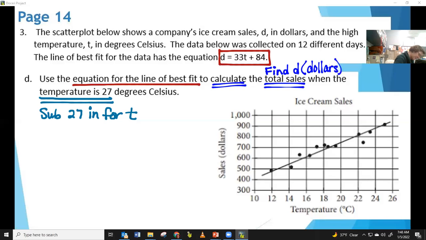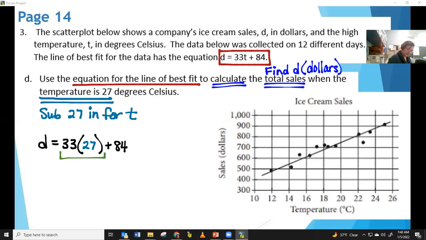All right. So I'm going to have D equals 33. We're going to sub 27 in the place of T plus 84. Cool. What do I do first to answer this question? Multiply. We're going to multiply 33 and 27 together.